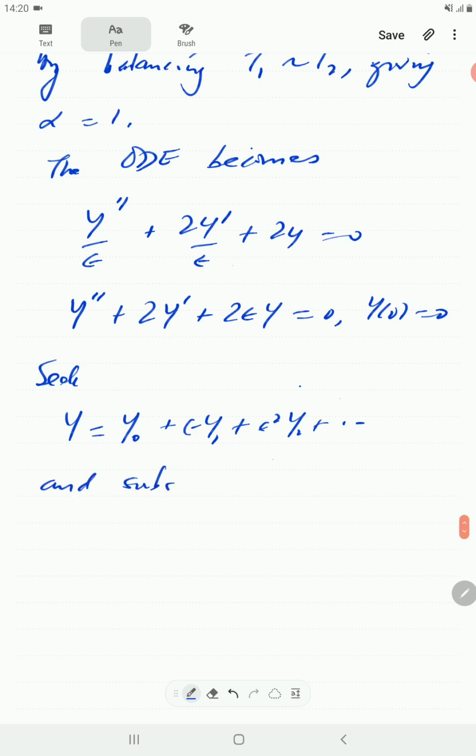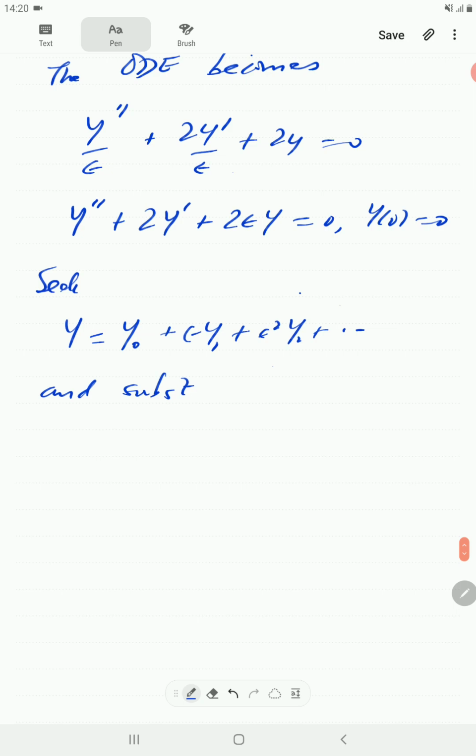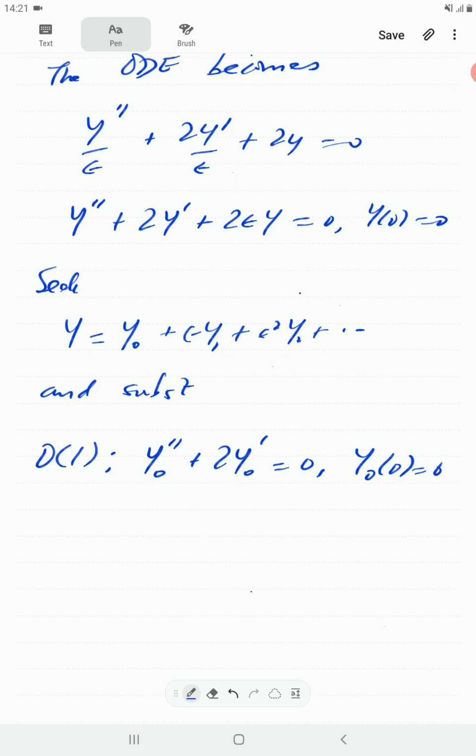So if we substitute, this is going to give us at order 1, Y naught double prime plus 2Y naught prime equal to 0, subject to Y naught being equal to 0 when xi equals 0.